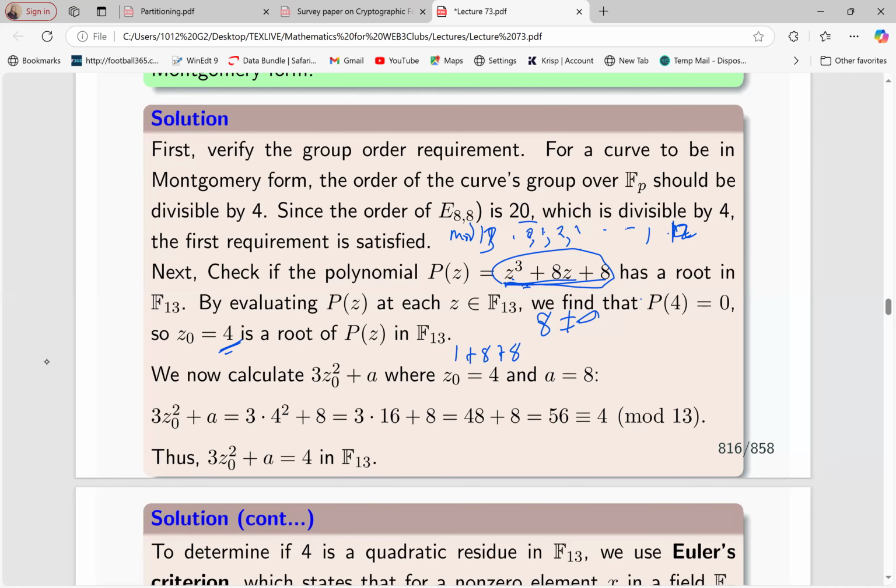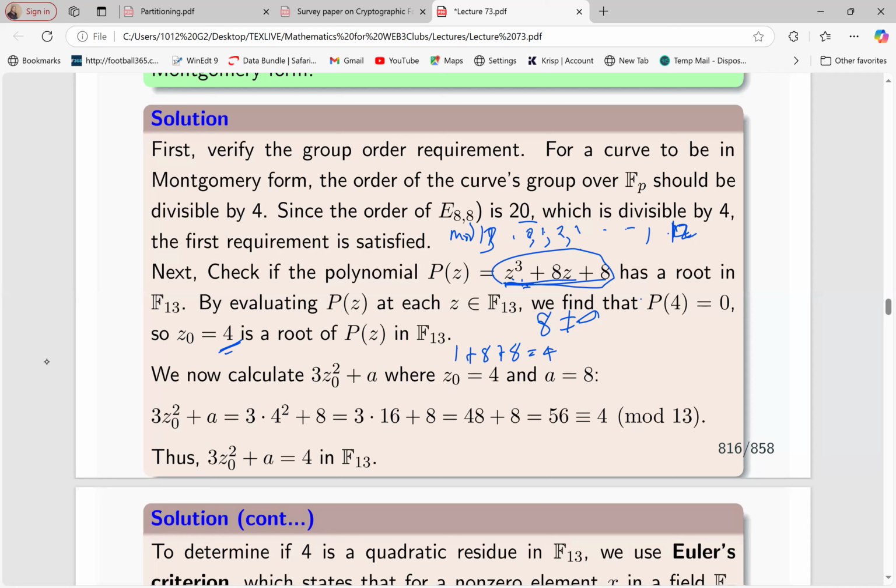This is 17, mod 13, that will be 4. And again, this means that 1 is not a root, because we want it to give us 0.